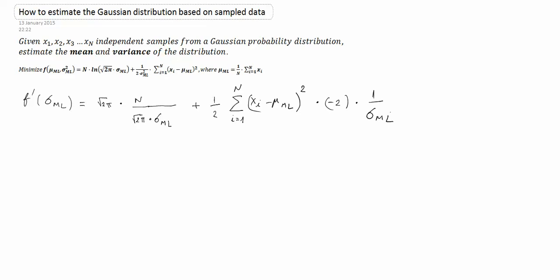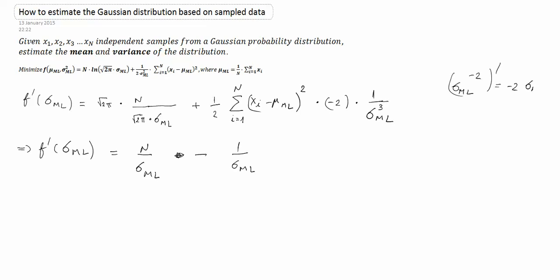Okay, so this should be equal to, I'm not going to do it this way, I'm just going to write again f derived in respect to sigma ml equals n over sigma ml plus, actually minus 1 over sigma ml multiplied by, okay, I made a mistake, it should be here to the power of 3, because we have sigma ml to the power of minus 2 derived, which should be minus 2 sigma ml to the power of minus 3.